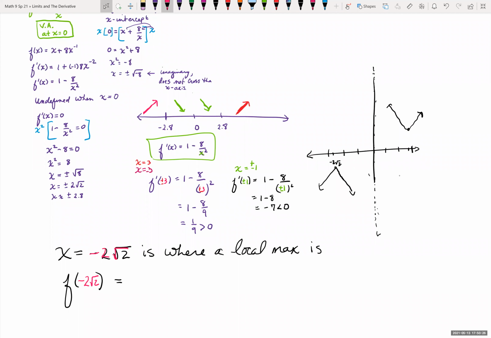So -2 root 2 plus 8 all over -2 root 2. I notice that this simplifies a little bit. Negative, positive, this is negative. 2 goes into 8 4 times. This is 4 over root 2.